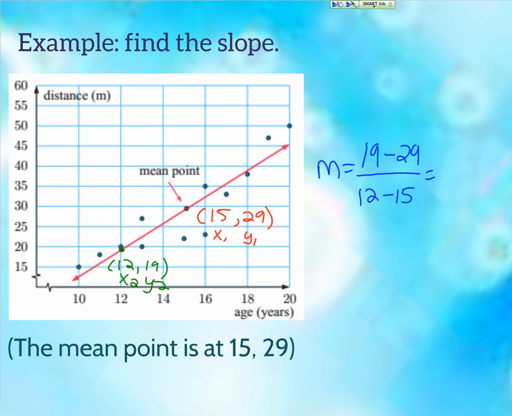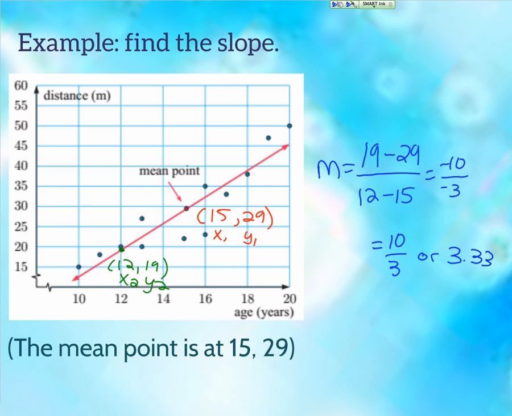So we end up with negative 10 divided by negative 3, which is 10 thirds, because those negatives cancel out. As a mathematician, personally, I prefer the fractions to the decimals. You will find most often either they're not as cute as this, or in the back of the book they're using decimals a lot. I don't think they use fractions ever, so feel free to do what works for you. The fraction is about 3.33.